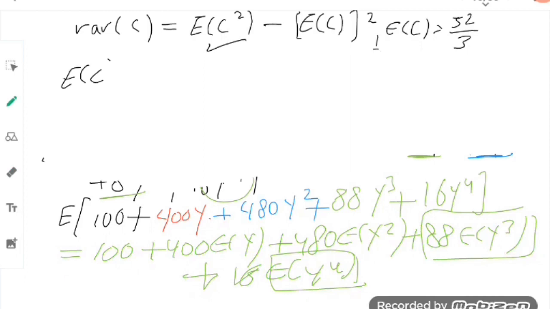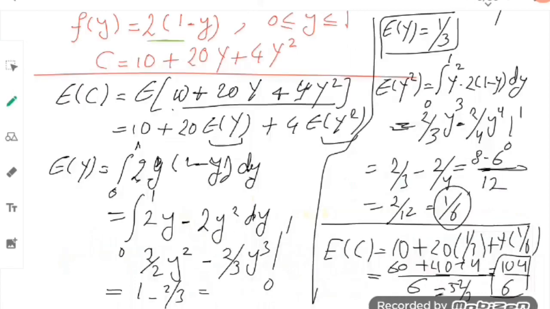The expected value of c, as shown here, is 100 plus 400 times the expected value of y. Let's remember the value of the expected value of y. I think we found the expected value of y is 1/3, and the expected value of y to the power 2 is 1/6.